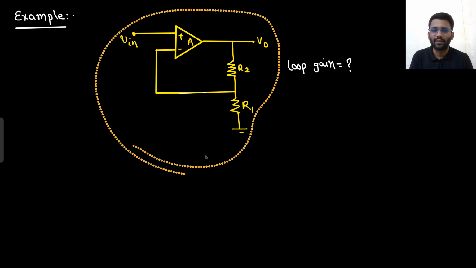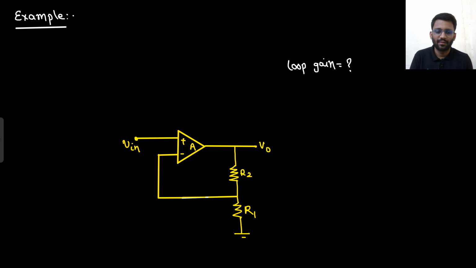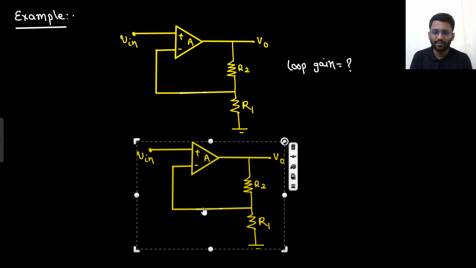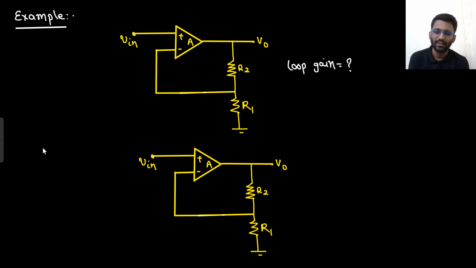I will solve it here only. This is the solution I am proceeding with. I will break the loop in between, near the feedback. Near the feedback, I will take Vf, and near the input, I will take V test.